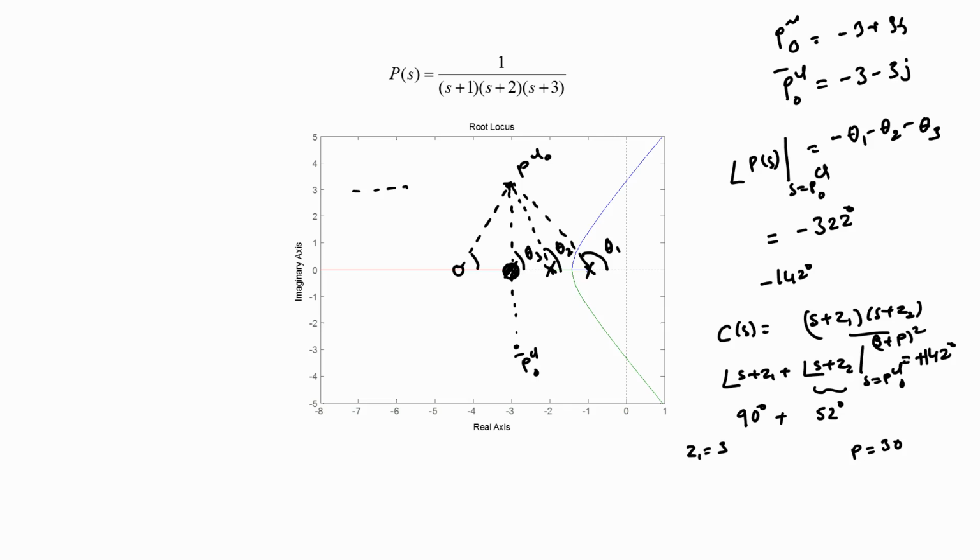So, if we were to compute the phase contributed by a single pole, in other words, if I were to calculate 1 by S plus P at the point S is equal to PCL naught, I would get that to be equal to minus 6.5 degrees.